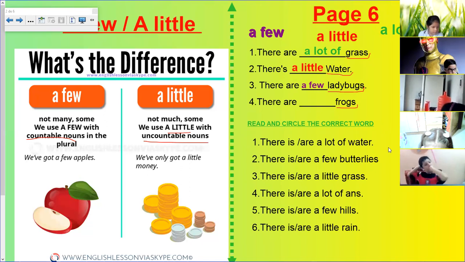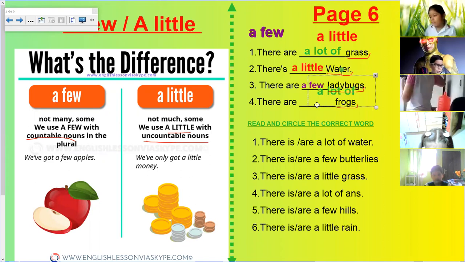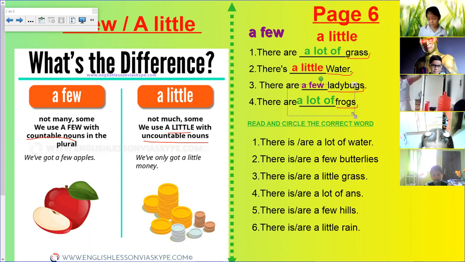Is it a few or a lot of? There are a lot of frogs. Very good. There are a lot of frogs.